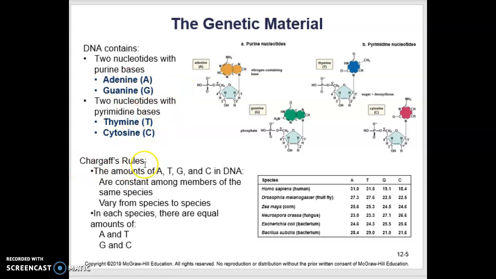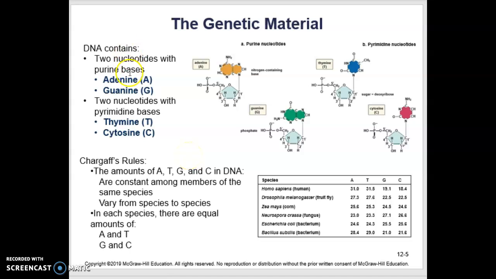And Chargaff's rule says not only did every species have these chemicals, but turtles might have a certain amount of adenine, and every single turtle would have the same amount of adenine, the same amount of guanine, the same amount of cytosine, and that amount was different from every cell of a human.